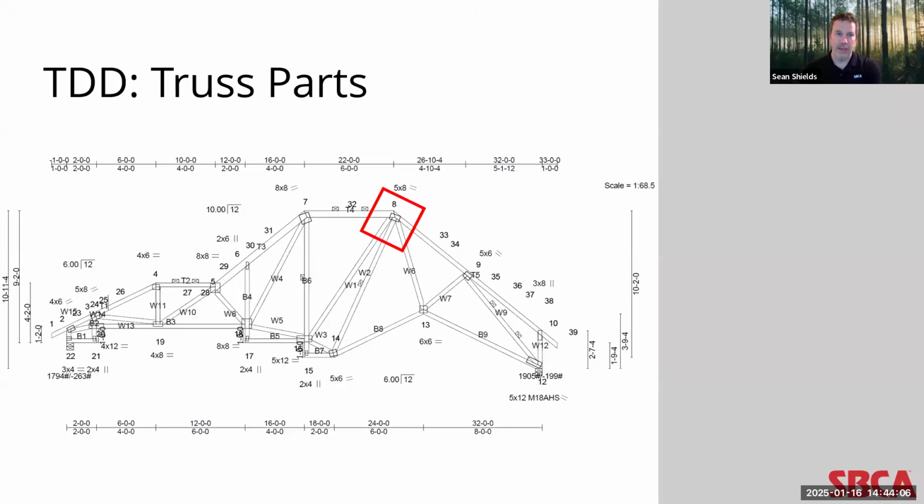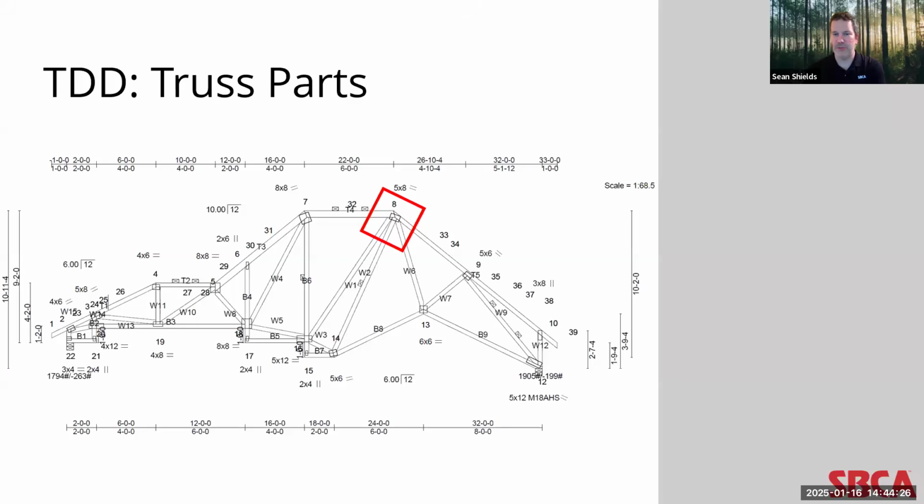So when you look at this, that's a lot of precision that's required to place that connector plate exactly so that there is the required number of embedded teeth into each one of those wood members.